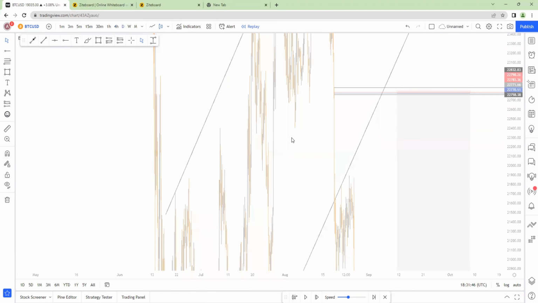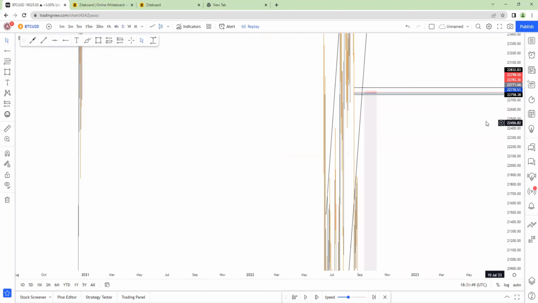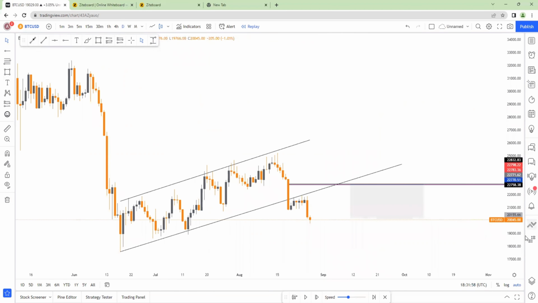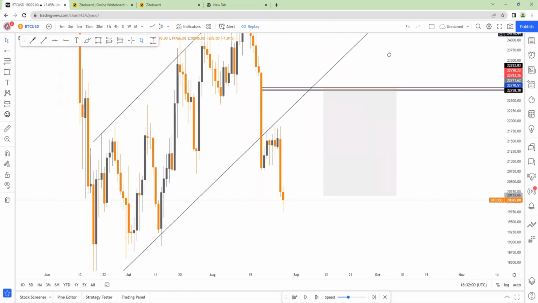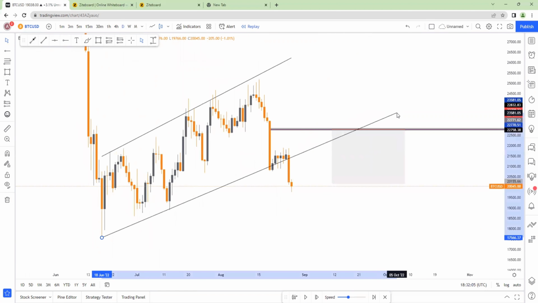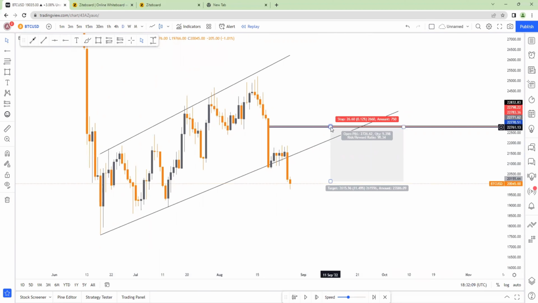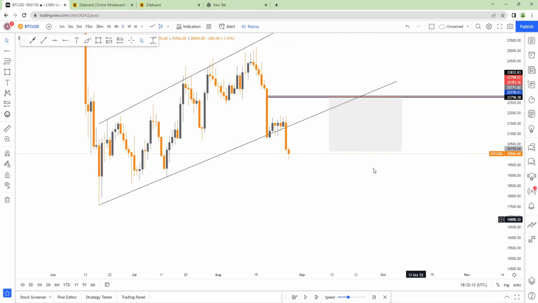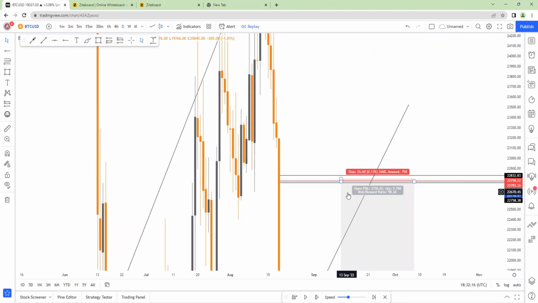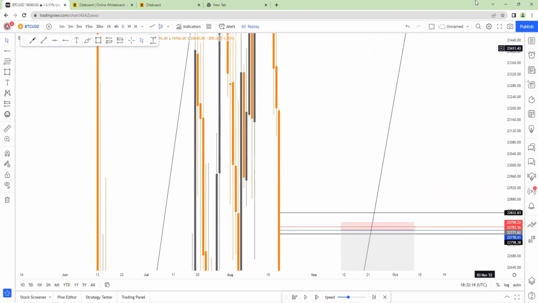Okay, that's my entry and stop loss. If we had just adjusted the trend line up to this point here, I think it will be a nice place to have confidence that price might approach up to this area for a retest.